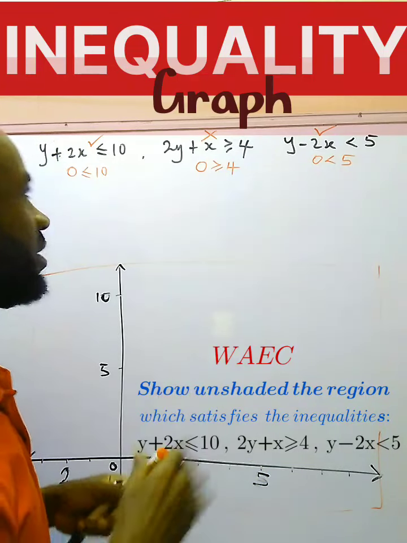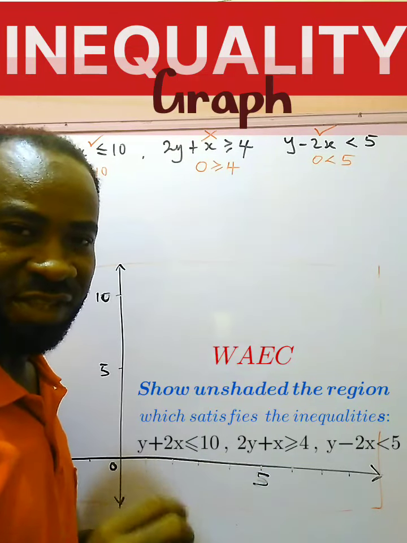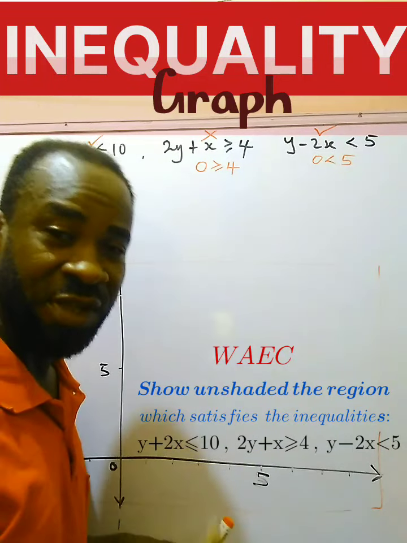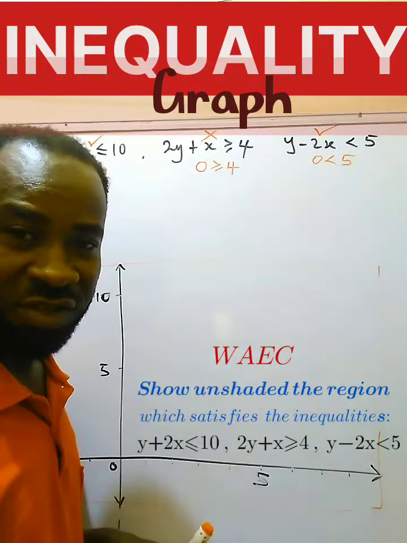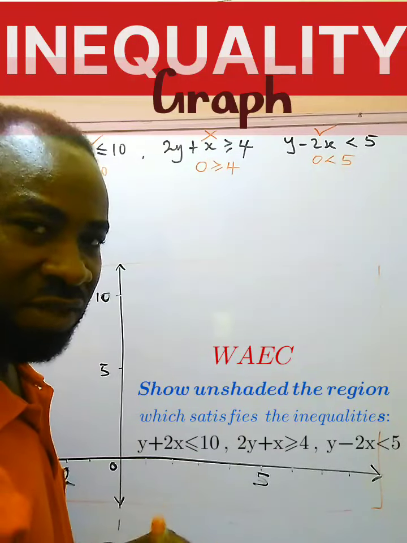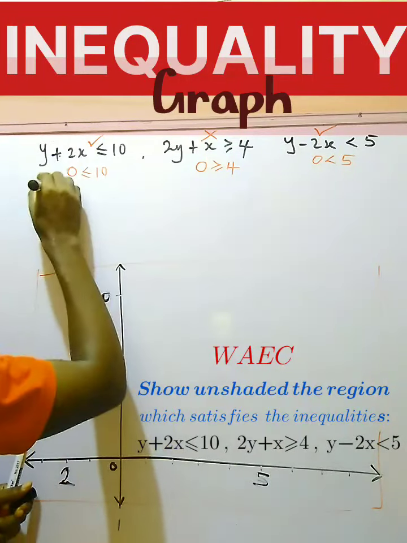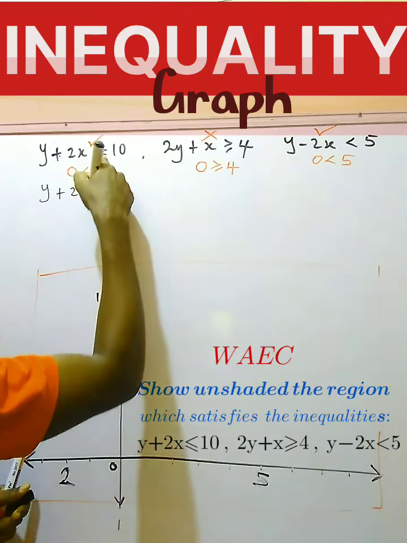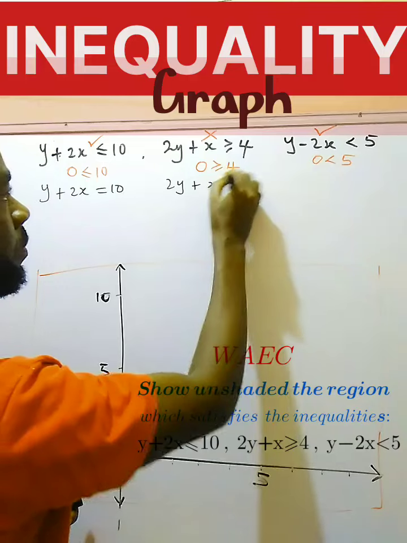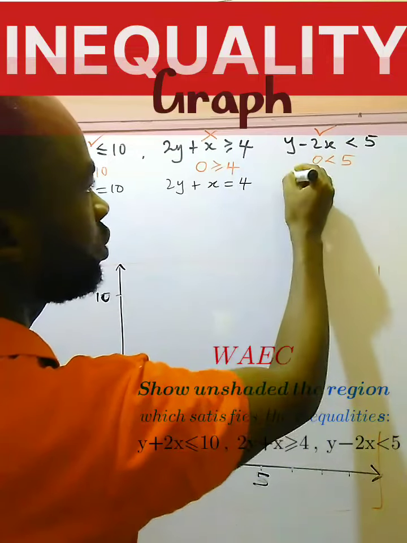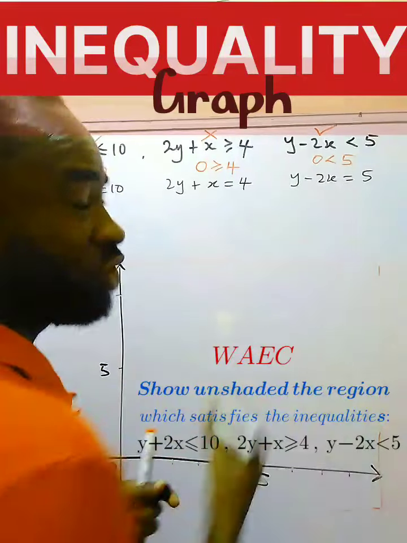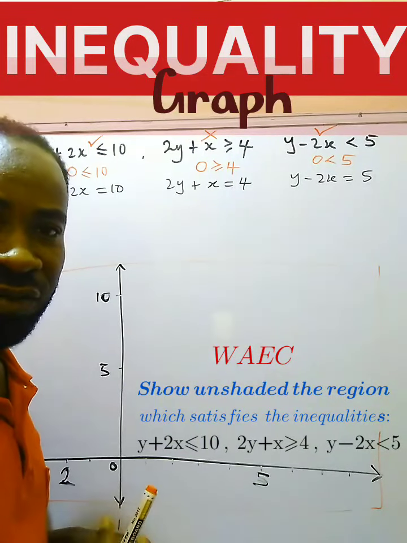The next thing I'm going to do is to get the intercept of each of these inequalities. The intercept simply means where the line of the inequality crosses either the x-axis or the y-axis. The first thing to do is to change each of these inequality signs to equal to signs so that we'll have an equation that will help me get the boundary line.